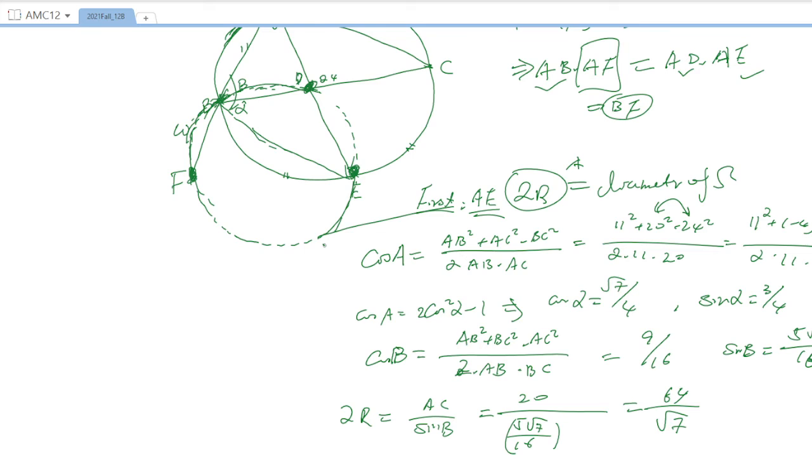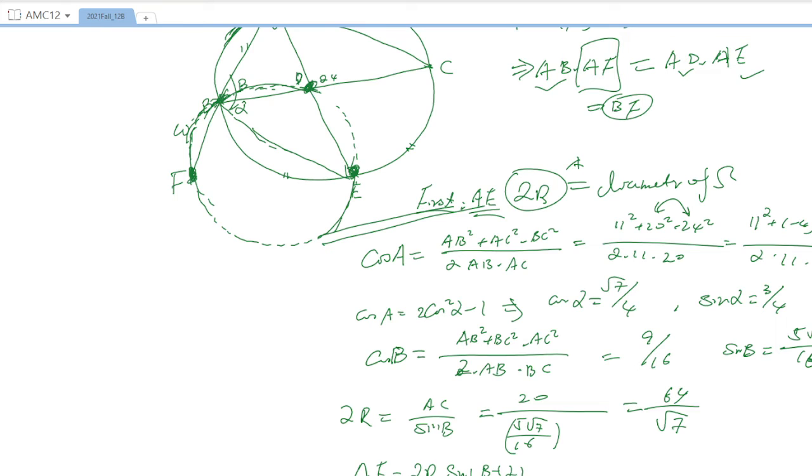Let me highlight it. So AE will be 2r sine of B plus alpha, which is 64 over root 7. Then we plug in directly: sine B is 5 root 7 over 16, cosine alpha is root 7 over 4, plus cosine B is 9 over 16, and sine alpha is 3 over 4.